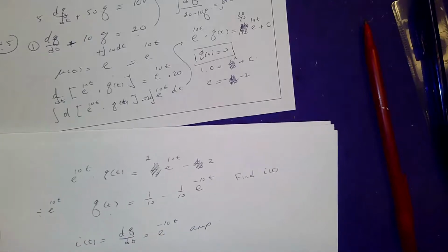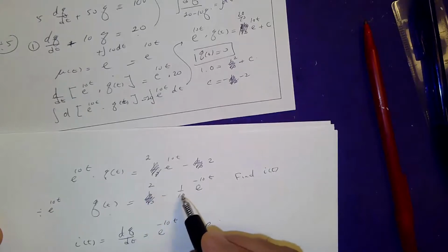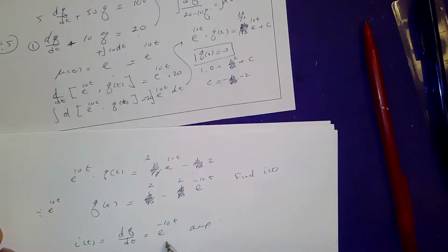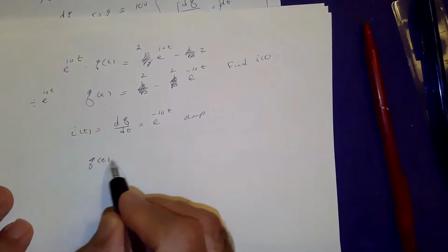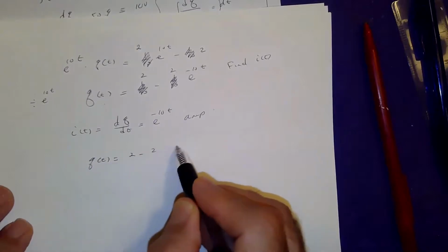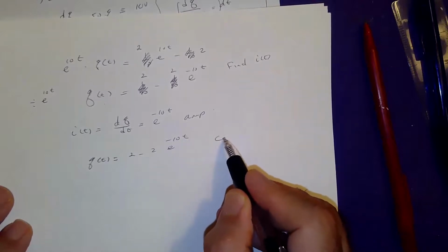Very good. Wow, what a mess. So this is 2, this is also 2. So once again, please accept my apology. This would be 2 minus 2 e to the negative 10t coulombs.